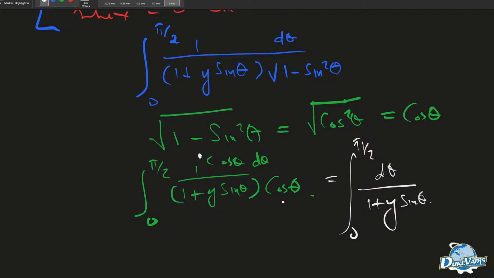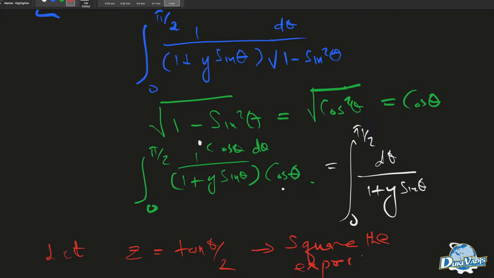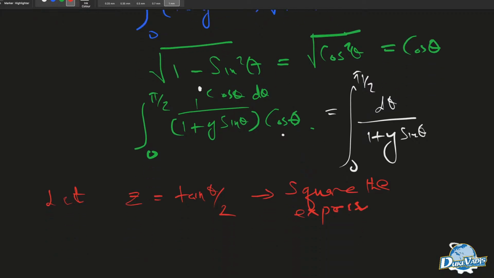This is the integration that we have to take care of. But we are going to make some assumptions. Let z be equal to tan theta over 2, for half angles. If we say that, let's square the expression.